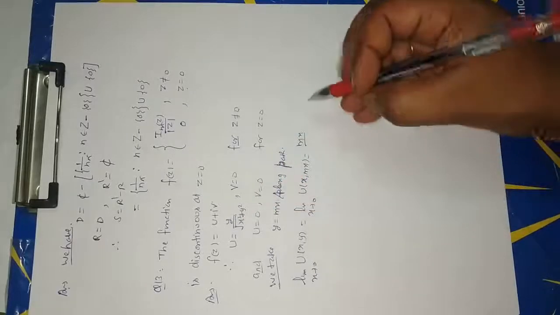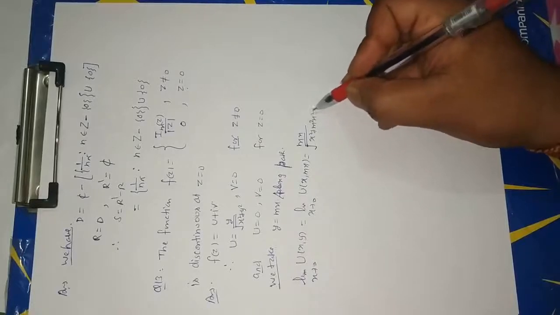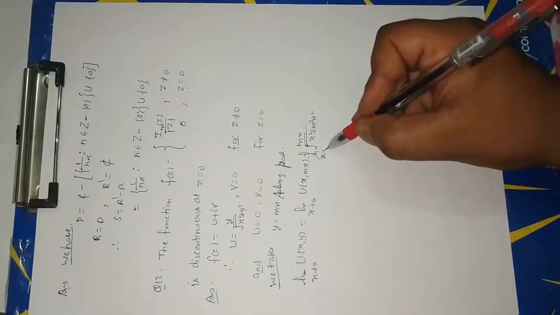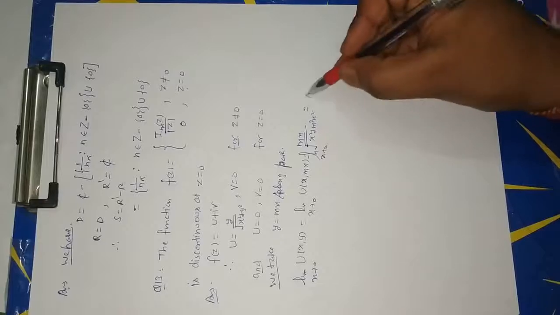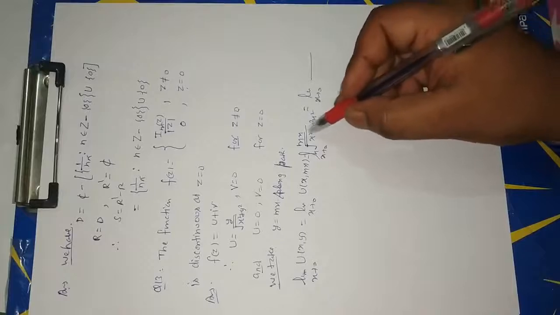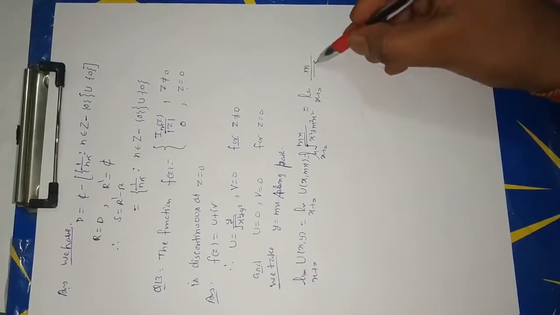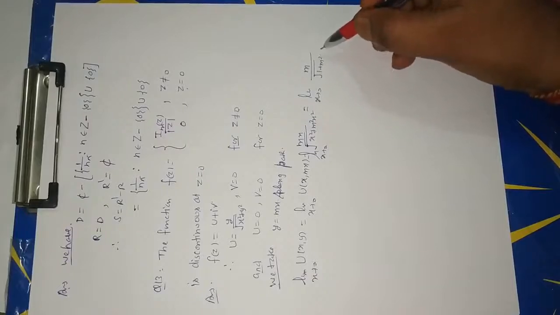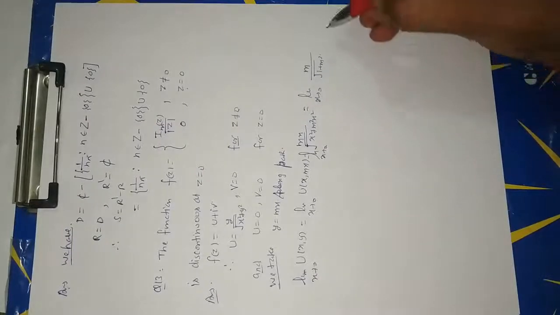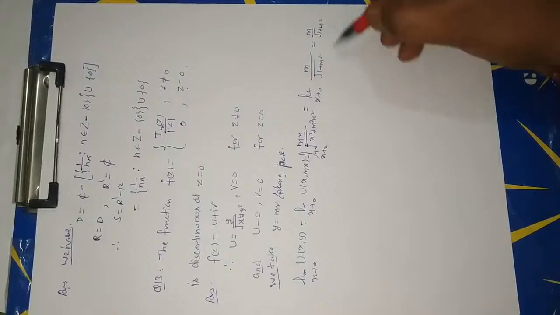Now putting the value of y, this is m x upon under root x square plus m square x square, limit x tending to 0. Now cancel x, and we get m upon under root 1 plus m square. Now this limit is m upon under root 1 plus m square, which is not equal to u (0, 0).